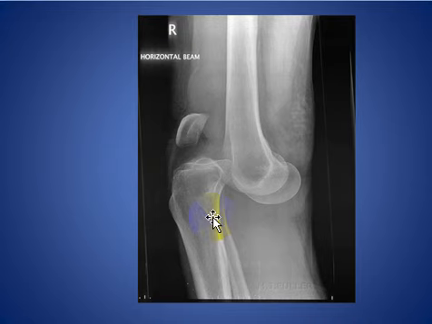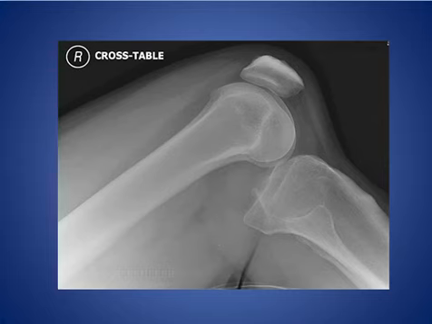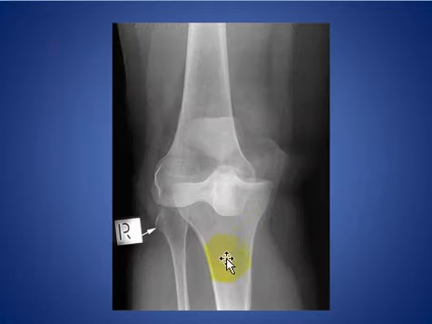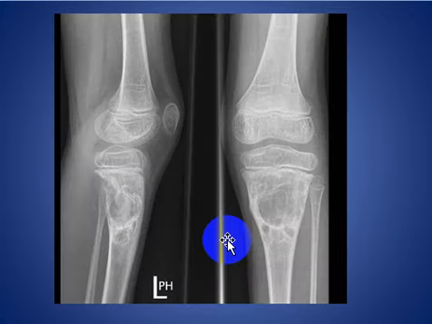Here we have anterior dislocation of the knee, and the anterior dislocation involves about 31%, while the posterior dislocation is involving about 25%. Here, patient with posterior dislocation of the knee. The AP of the patient with posterior dislocation of the knee.